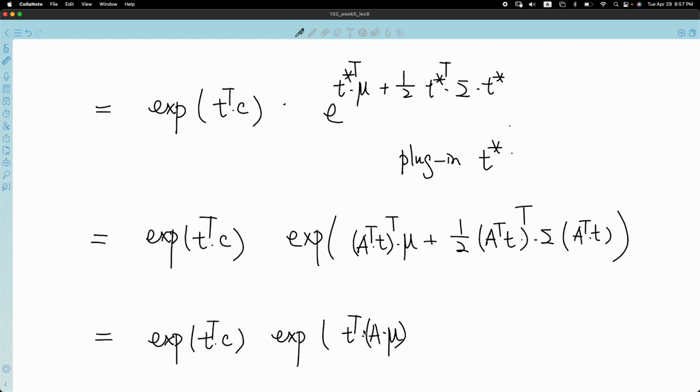A is m by n, mu is n by 1, so m by 1. Okay, so A mu stays the same, you don't need the transpose. Plus 1/2 T transpose. So A transpose becomes A itself, transpose and transpose back. So there's no more A transpose. So A multiplied by sigma A transpose T.